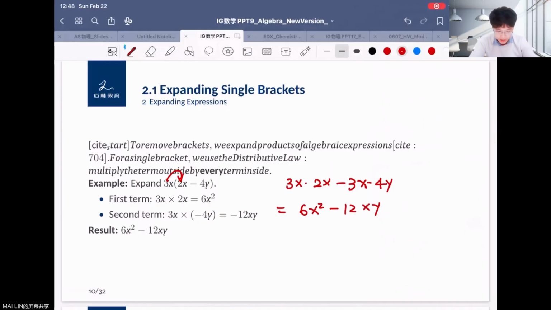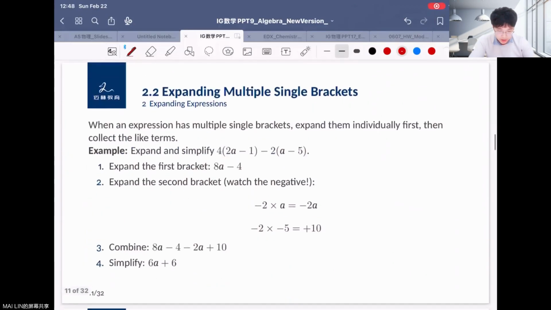Here we also expand multiple single brackets, expanding and simplifying: 4 times 2a minus 1, minus 2 times a minus 5. First, 4 times 2a is 8a, and 4 times negative 1 is negative 4, so 8a minus 4.